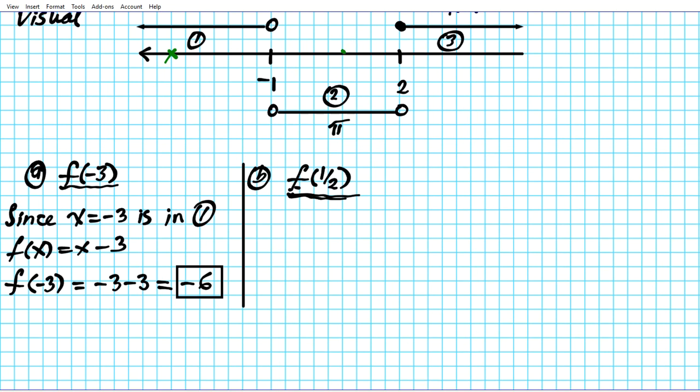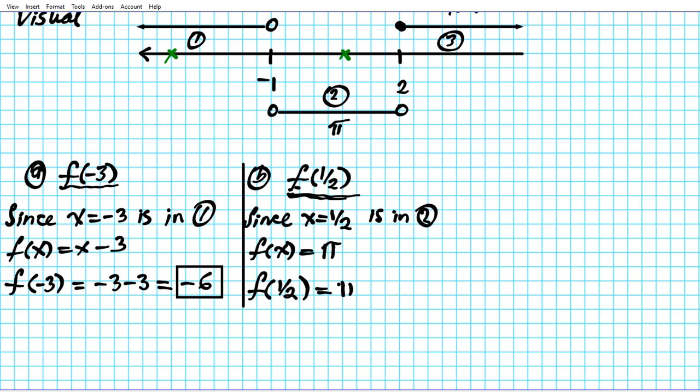So positive 1/2 is somewhere here in interval 2. So since x equal to 1/2 is in interval 2, our function is going to attain the constant value of pi, regardless of what the input is. Okay, so f of 1/2 is simply going to be equal to pi.